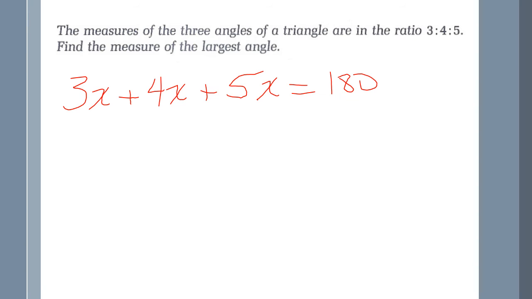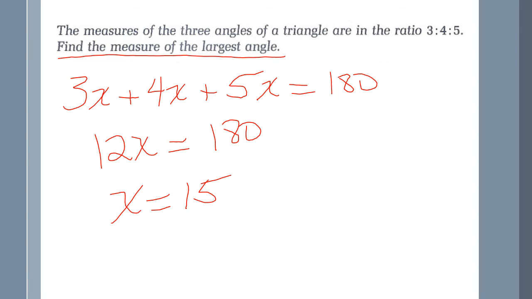So we're going to end up with 12x equals 180. If I'm going too fast, well, too bad. So 180 divided by 12 is 15. So x equals 15. But they're asking me to find the measure of the largest angle, which is 5x. 5 times 15, 75.